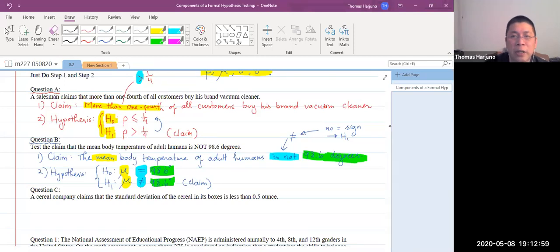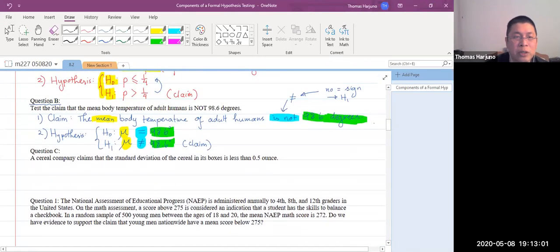Okay, question C. A cereal company claims that the standard deviation of cereal in its boxes is less than 0.5 ounces.